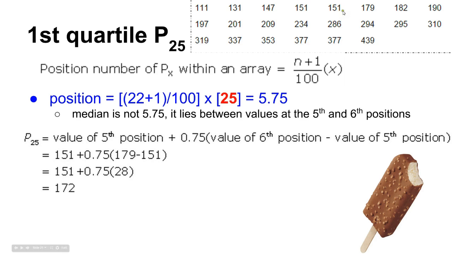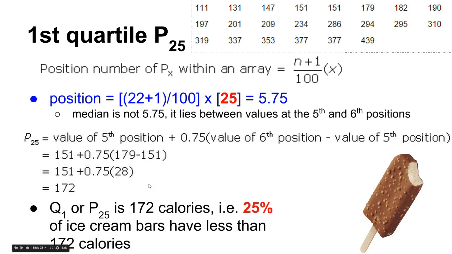The 6th position is 179. So we take 179, subtract 151, 28 times 0.75, and in the end that is 21. So 151 plus 21 is 172. We got 172 calories for the 25th percentile. A quarter of the ice cream bars have less than 172 calories.